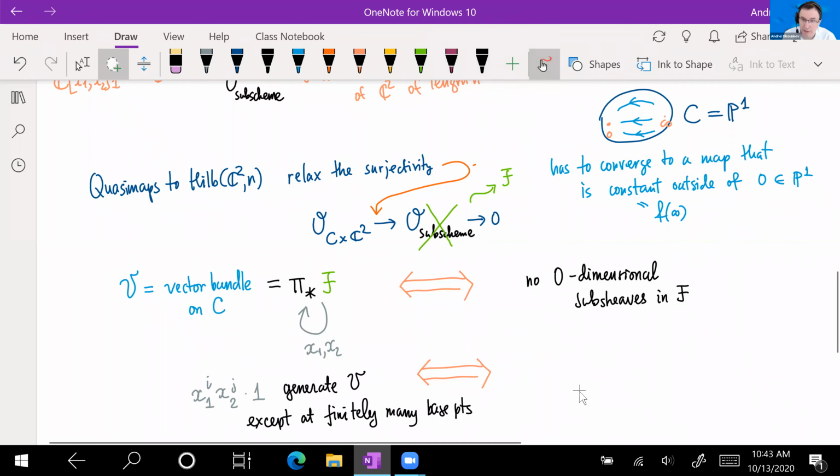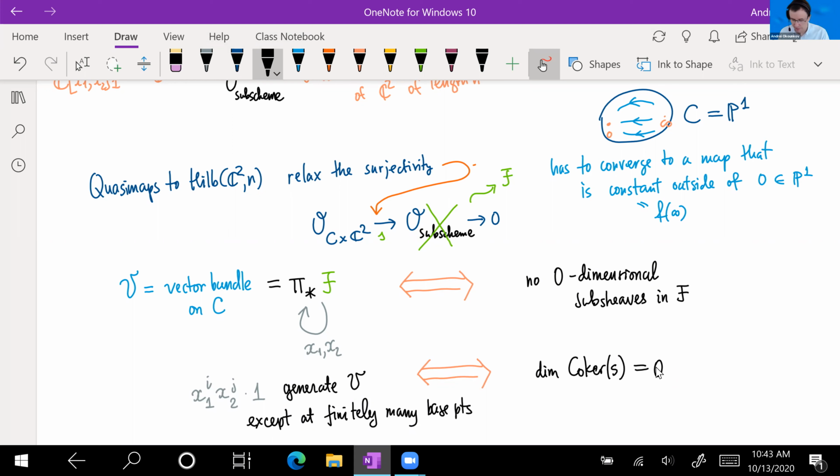If I denote this map by S, previously this map S was surjective, but now it can fail to be surjective, but at least it happens at finitely many points, meaning the dimension of the cokernel of that map S is 0.